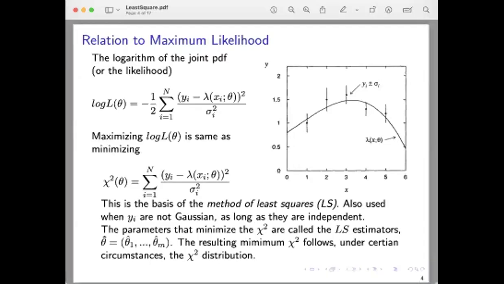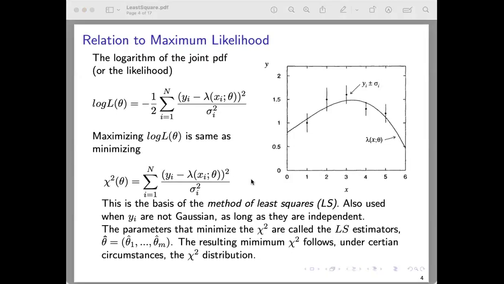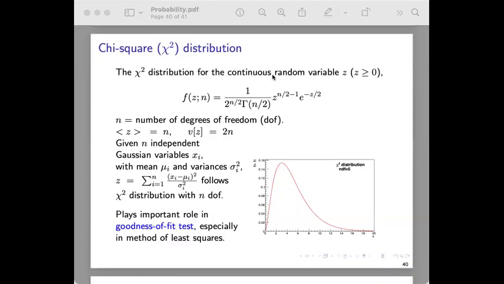We discussed the chi-square distribution. Do you remember, or should I go back to that? Maybe I'll go back to that because I'll talk about it again later. You can see this is the PDF for the chi-square distribution that we had seen earlier.